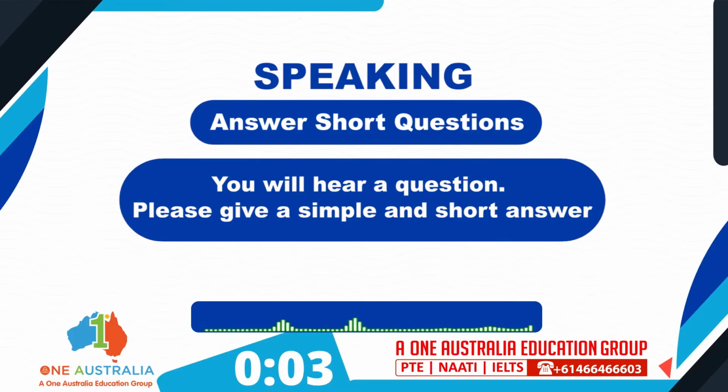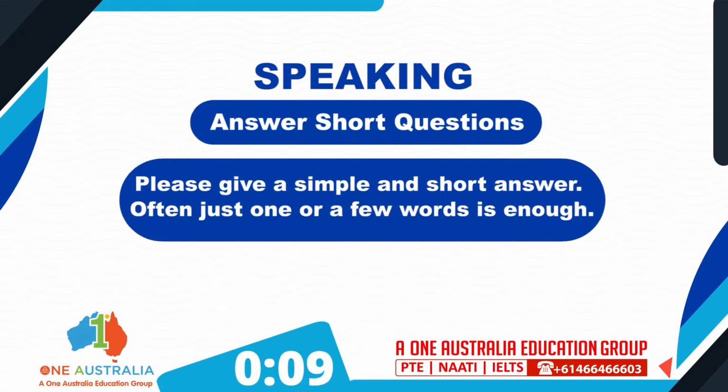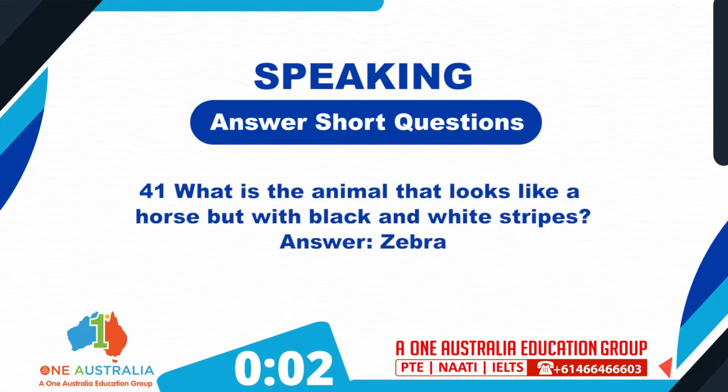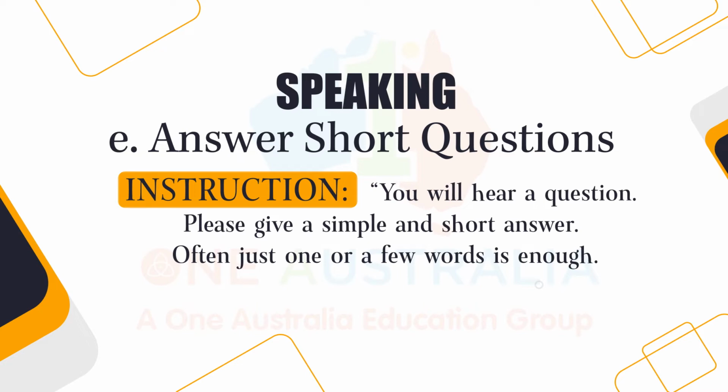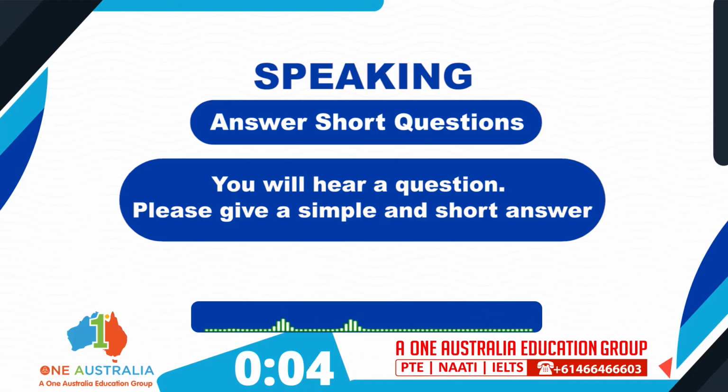What is the animal that looks like a horse but with black and white stripes? How do we call the animals that are kept on farms or as pets?